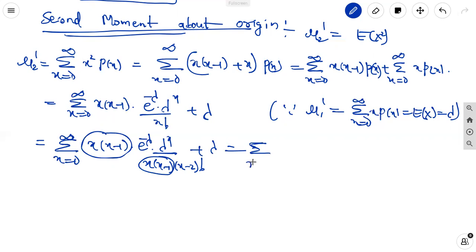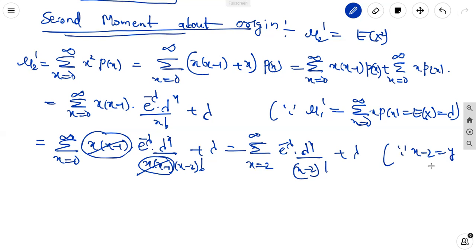Since 0 and 1 are eliminated, we can start from 2 to infinity, and these two are cancelled: e power minus lambda, lambda power x by x minus 2 factorial plus lambda. Here again we can take x minus 2 equal to suppose y, x equal to y plus 2. So lambda power x equal to lambda power y plus 2. It is equal to lambda square into lambda power y.